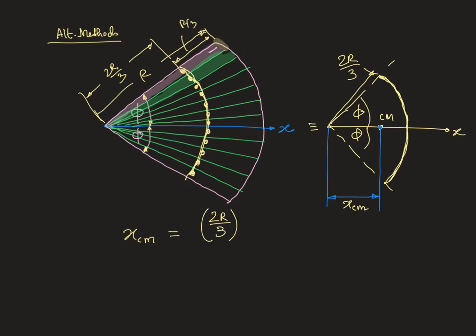So the radius is itself 2R by 3, radius times sine phi divided by phi. That means 2R sine phi by 3 phi. And this is the same result you have got.